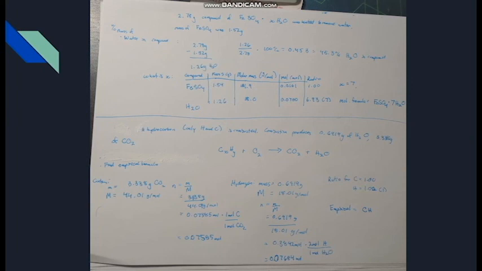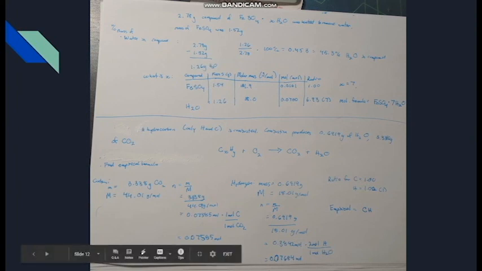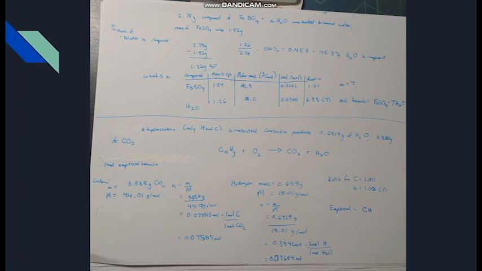Taking a look at hydrogen, we already know the mass of water, and we know the molar mass of water. We find the moles of water, and then the moles of H2O would cancel out, and we have 2 moles of hydrogen instead of 1 because water has 2 atoms of H compared to carbon dioxide, which has 1 atom of carbon.